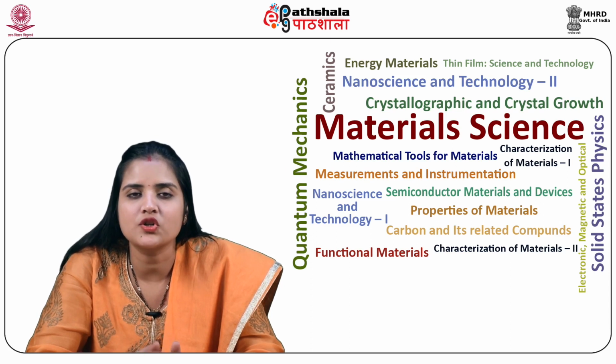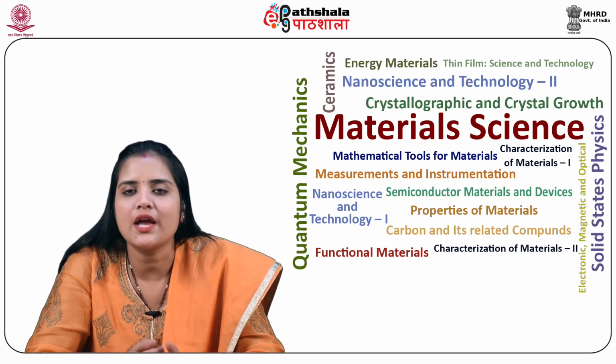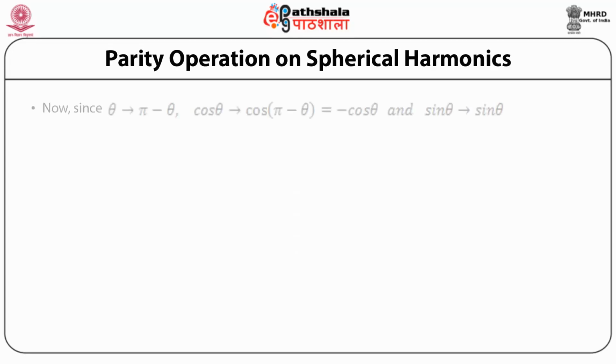We note from equation 3 that Y_lm(θ, φ) is proportional to (−1)^m P_l^m(cos θ) e^(imφ). Now, since θ tends to π − θ, cos θ tends to cos(π − θ), which in turn is equal to −cos θ, and sin θ tends to sin θ.